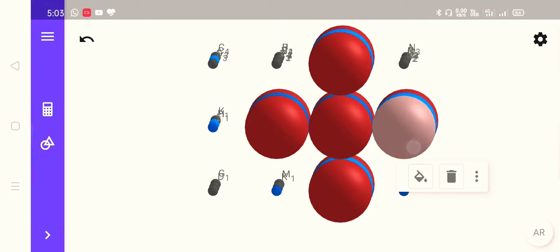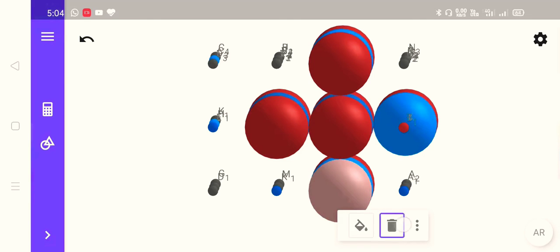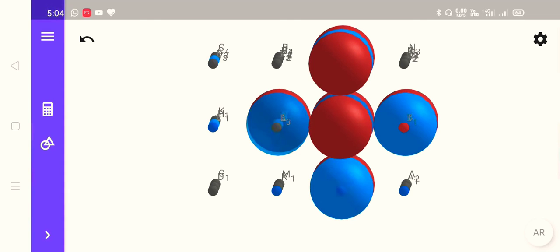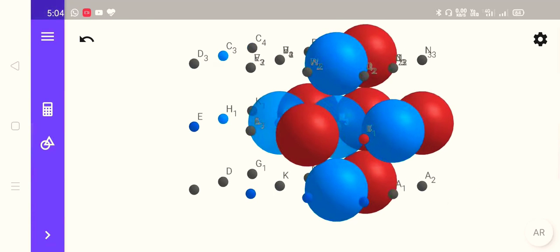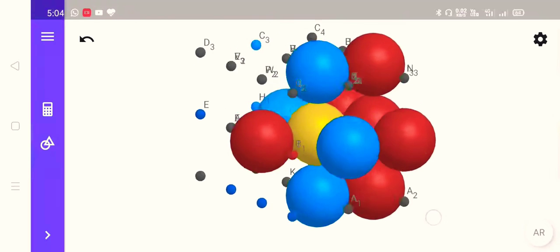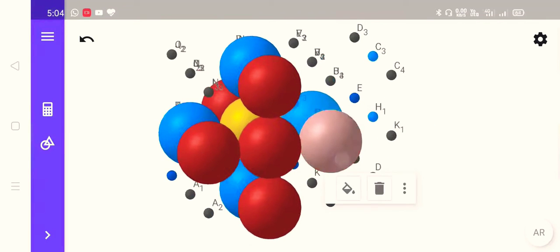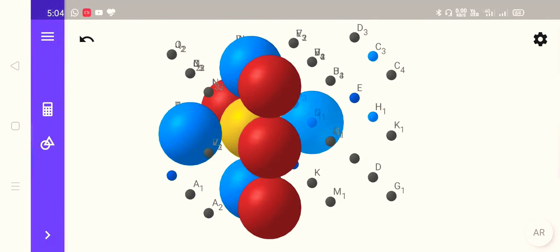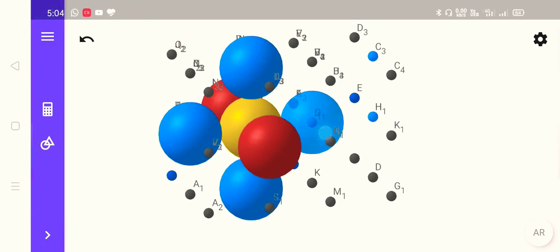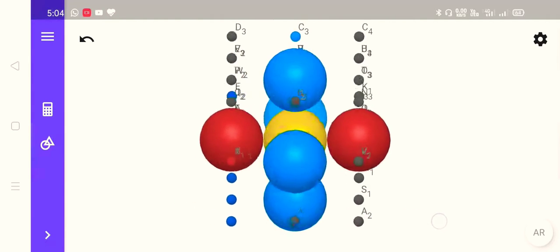By removing a few more spheres, you will see that from the back side layer only one sphere is in contact with the center sphere, and our center sphere is yellow in color. From the front layer, again only one sphere is in contact with the center sphere.